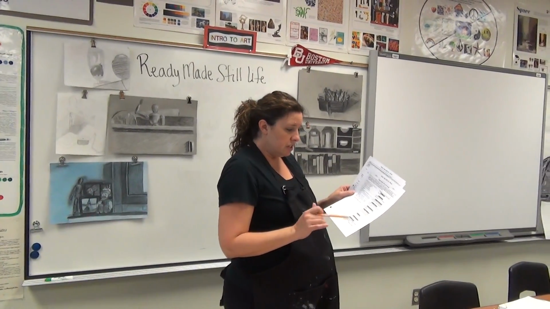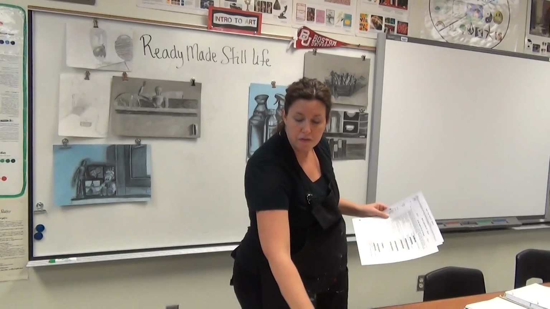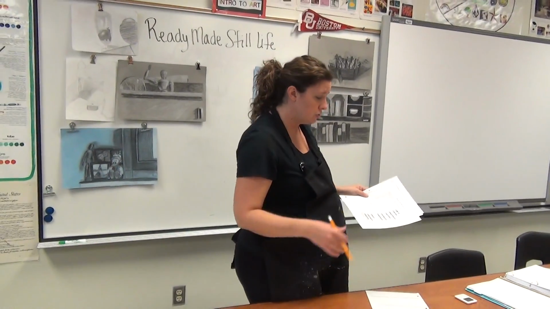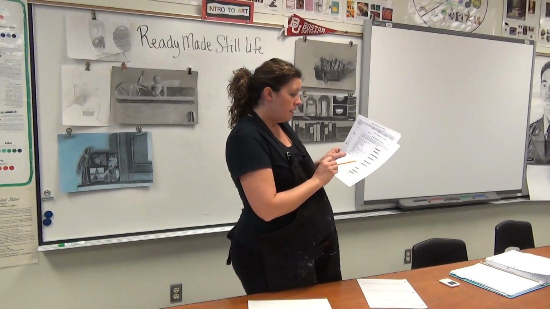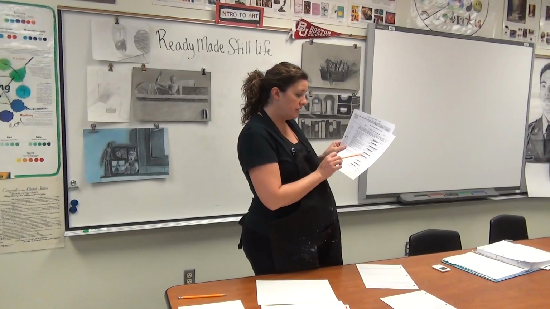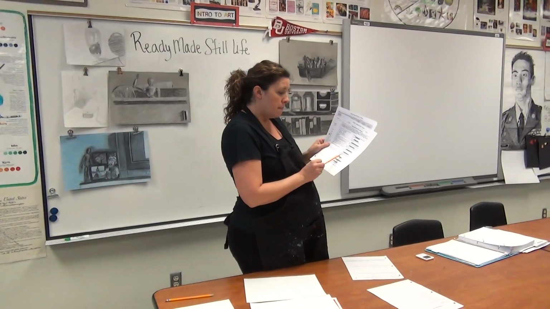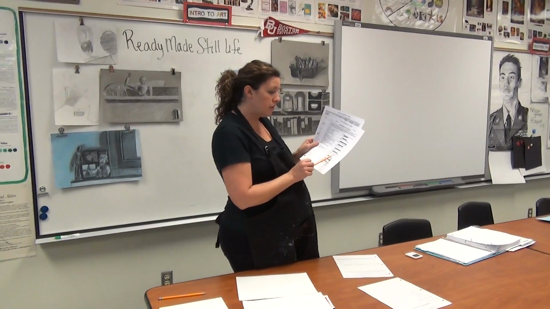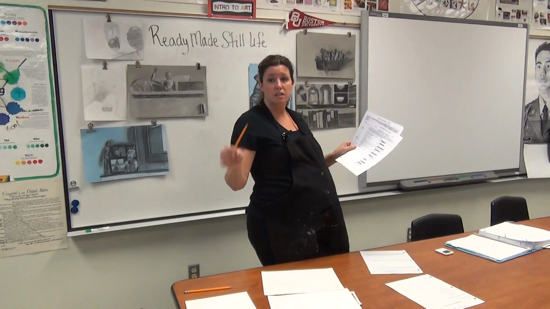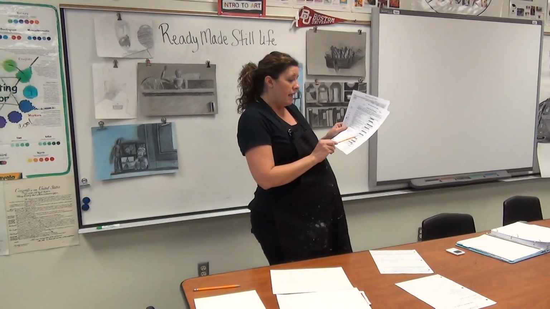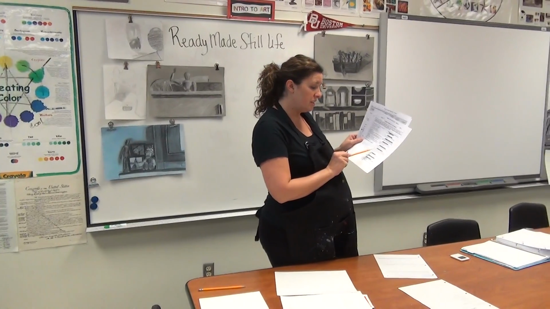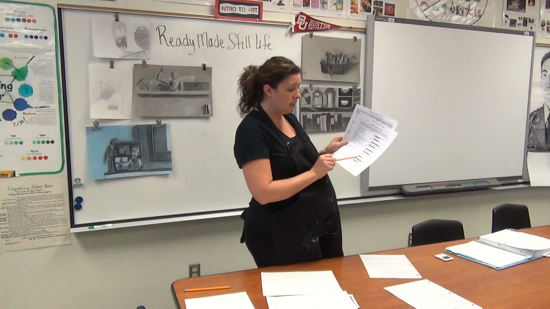Best composition. Figure out what is going to fill the page up the best, make it most interesting to look at. Then you start adding your values, highlights, shadows with your pencil. Must have all details. Remember, you're creating tonal, dark to light, all the values. And remember, this is not a line drawing.